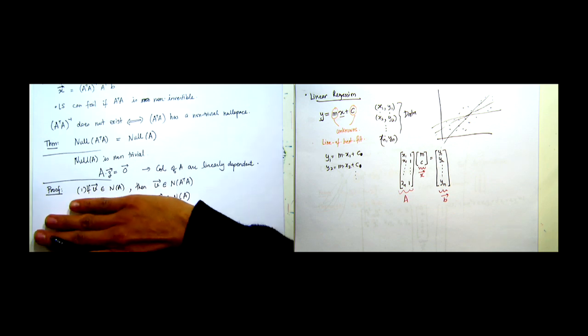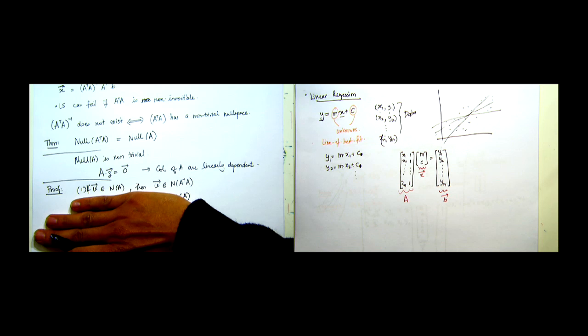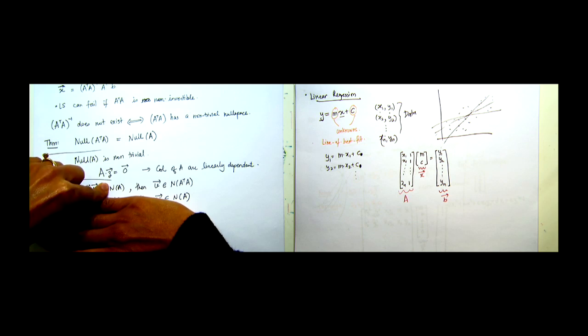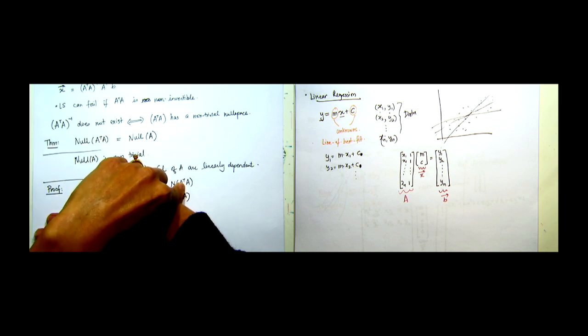If we just showed the first, why is showing the first not enough? It doesn't give the equality, right? It says that if V is in this set, then it also must be in this set.